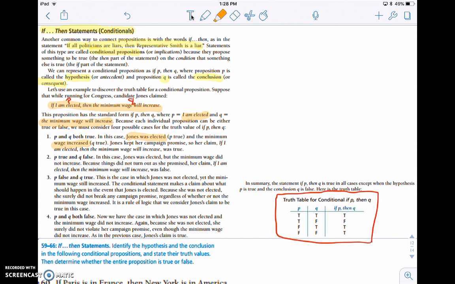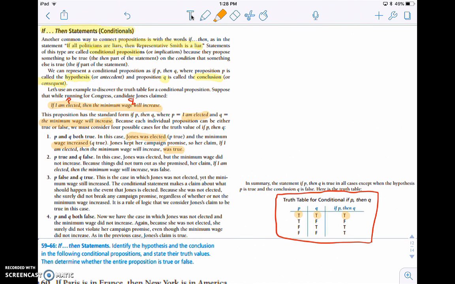So Jones kept the campaign promise, so her claim, if I'm elected, then the minimum wage will increase, is true. So that's why down here, if P is true and Q is true, then the proposition if P then Q will always be true.